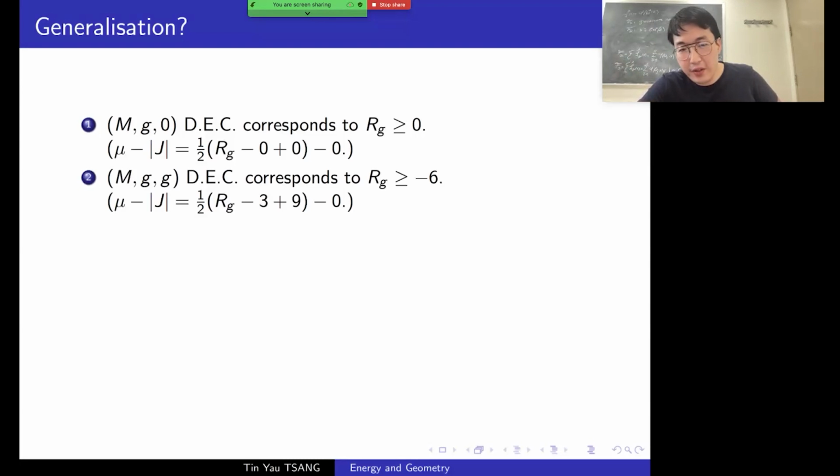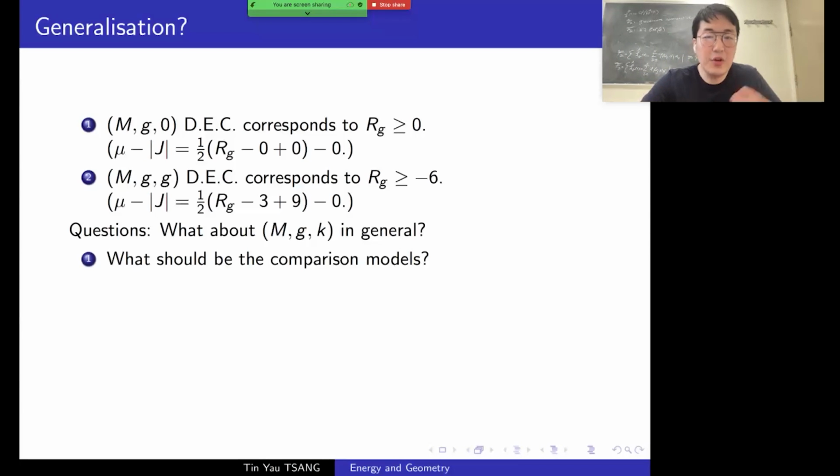And say dimension 3: if we see hyperbolic space as the time-symmetric slice of Minkowski space, then we can tell that scalar curvature bigger than or equal to -6, because we're talking about dimension 3, actually corresponds again to the dominant energy condition. And of course, for (M, g, k) in general, we shall expect the condition we assume on the initial data set to be the dominant energy condition.